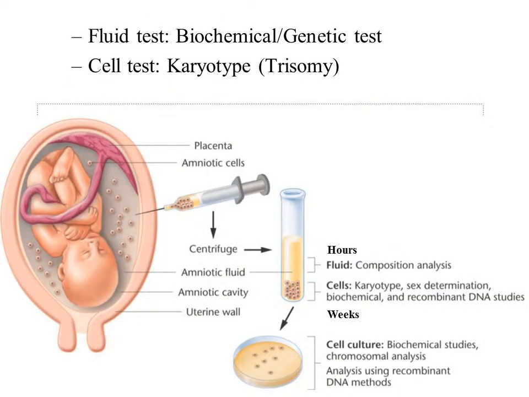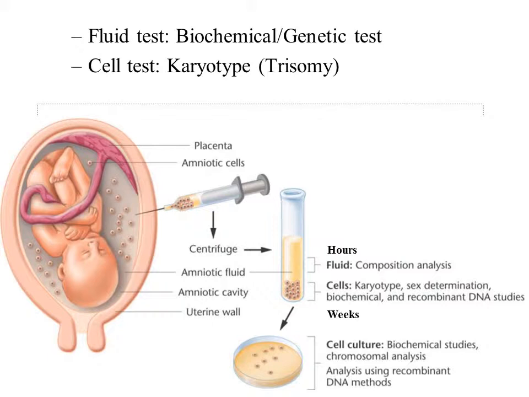Once we have captured those cells, we can test the fluid and perform biochemical tests and genetic tests. And with the cells, we can perform a karyotype. Remember, the karyotype is nothing but an orderly display of the chromosomes.